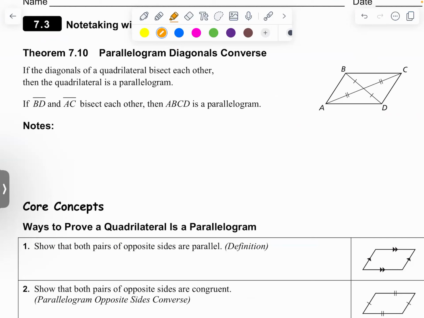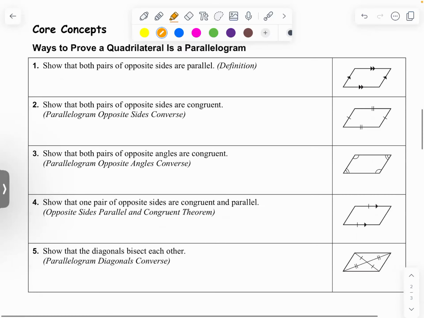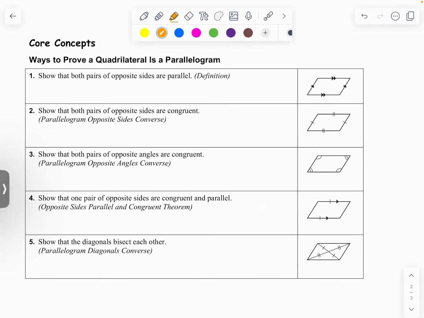If you know nothing about a quadrilateral, but you know that the diagonals are bisecting each other, then you know it's a parallelogram. Really, we have a converse for every theorem from last chapter, last section, with the addition of this one, where we can take one set and if they're congruent and parallel.